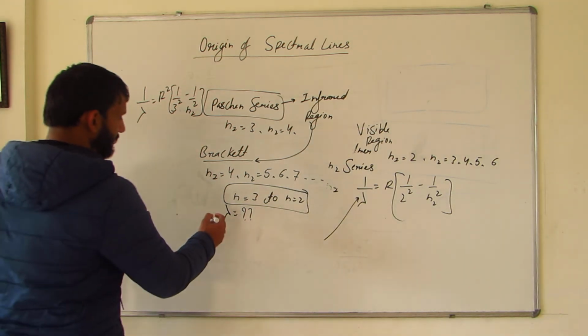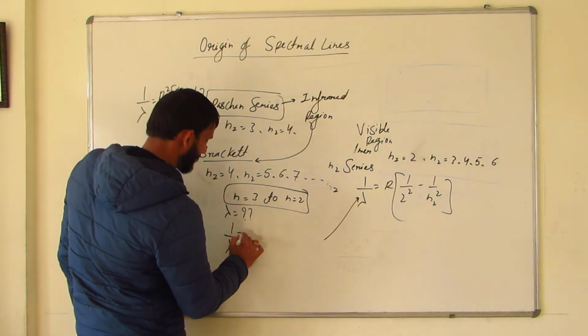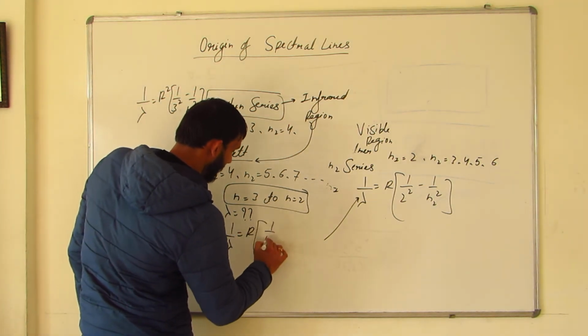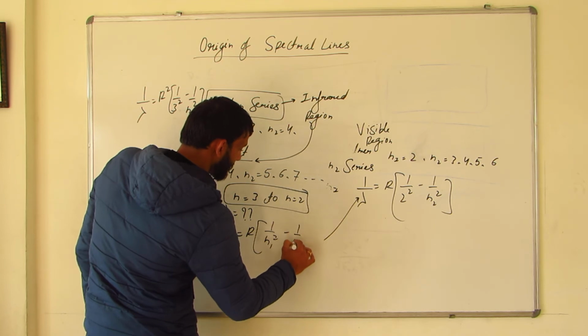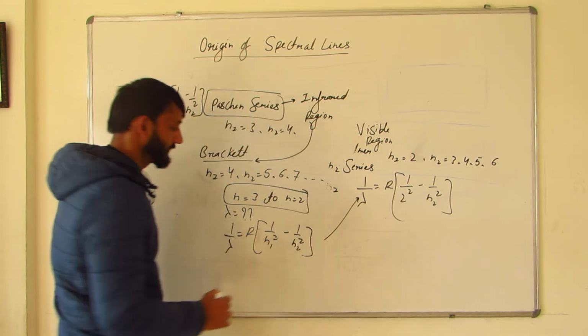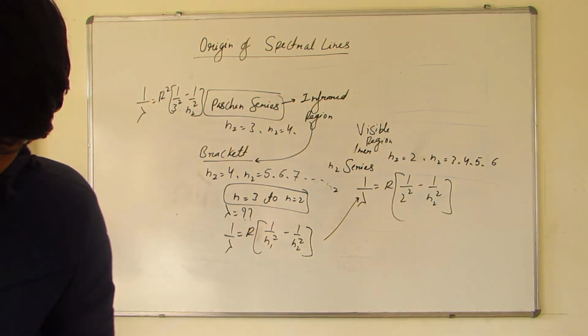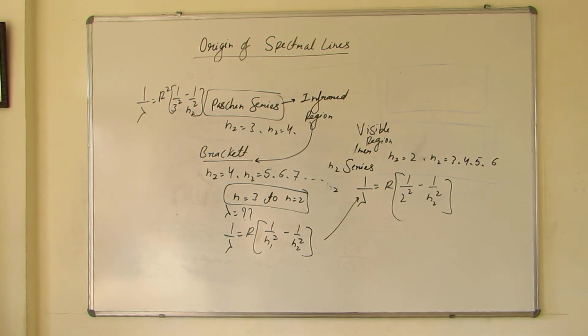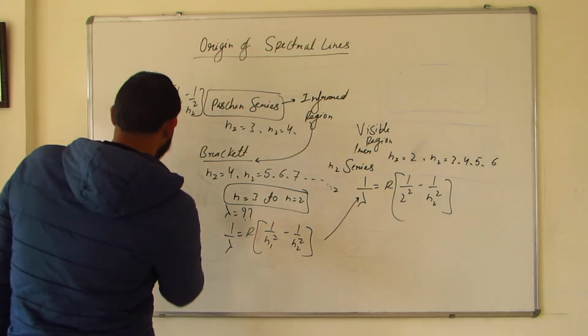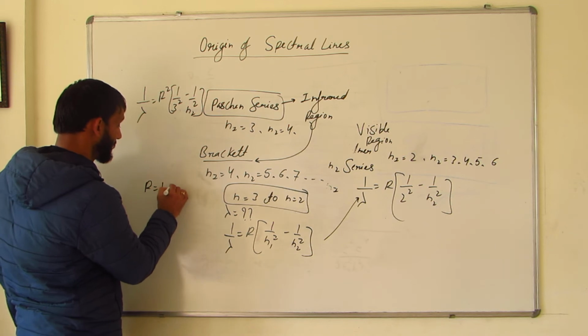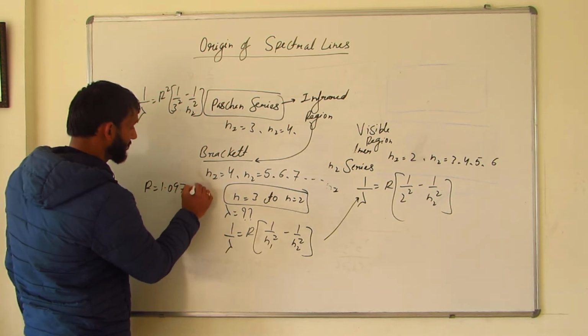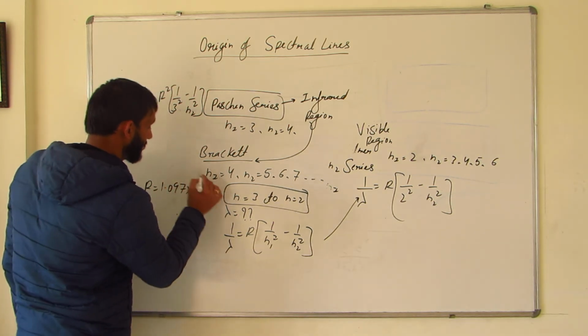So again you can use the formula 1 by lambda equals R (1 by n1 square minus 1 by n2 square). Now what would be the value of R? R equals 1.097 into 10 to the power 7 per meter.